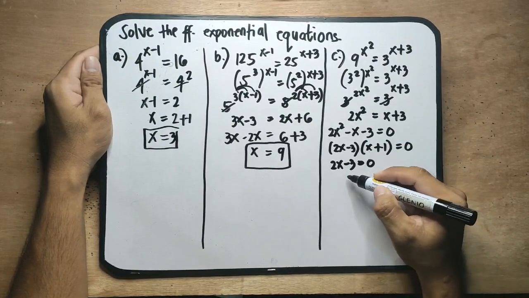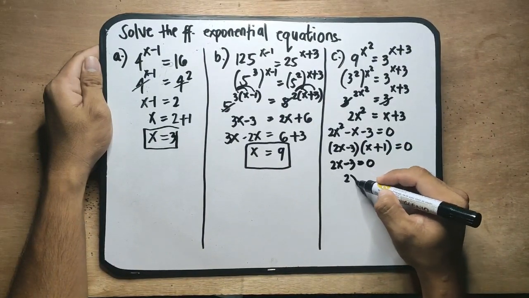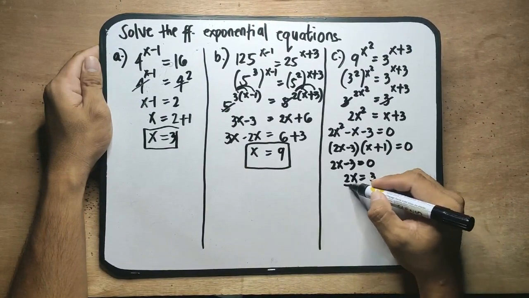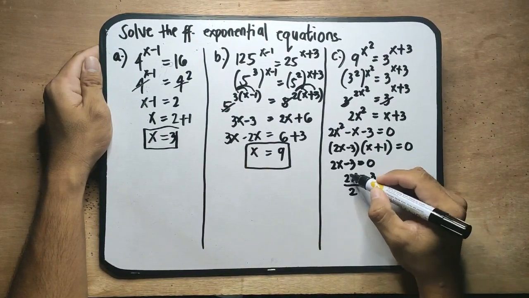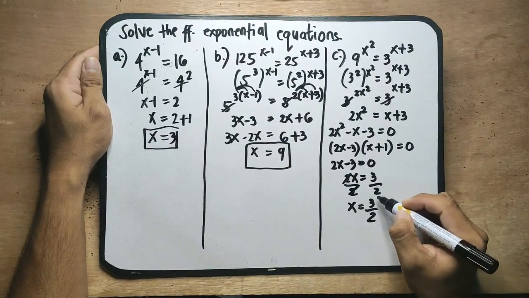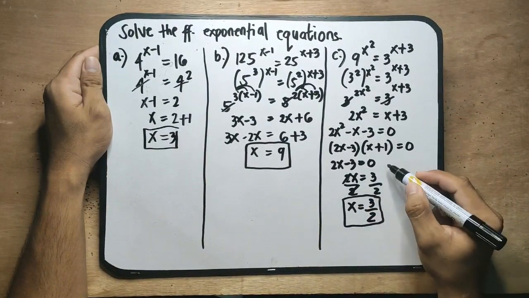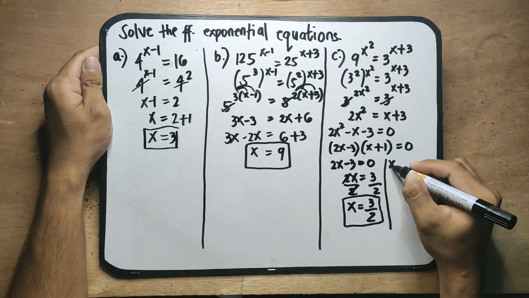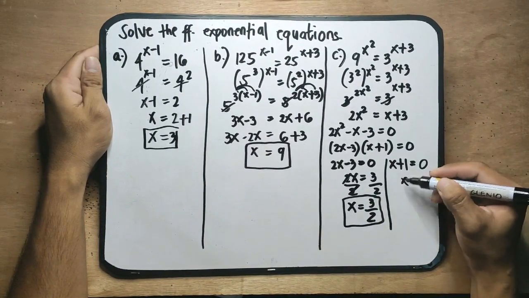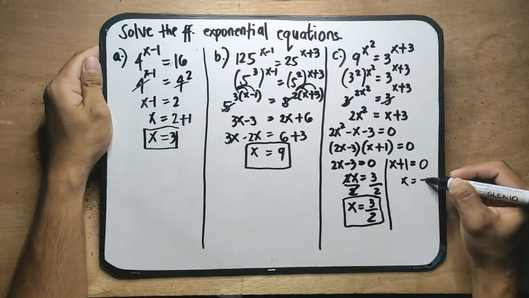So, solving for x here, we bring down 2x, we transpose negative 3, it will become positive 3. Divide both sides by 2, so we have x is equal to 3 all over 2. And for our second factor, x plus 1 is equal to 0. We transpose positive 1, it will become negative 1.